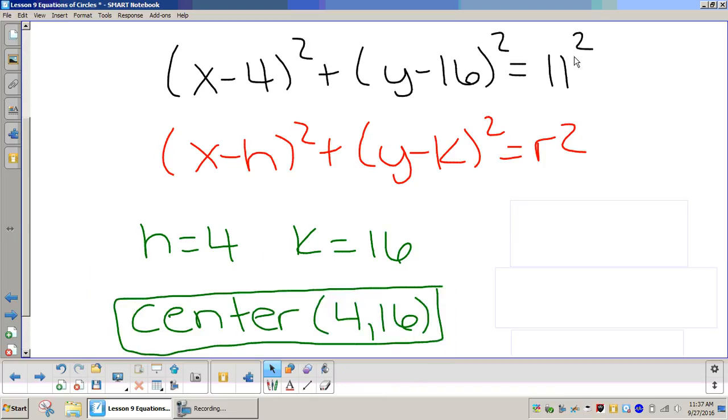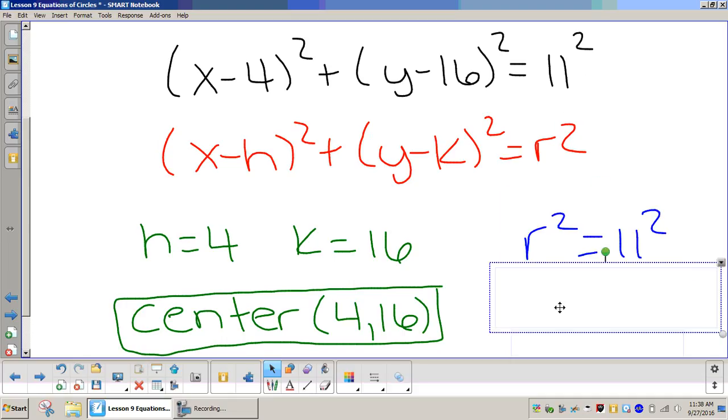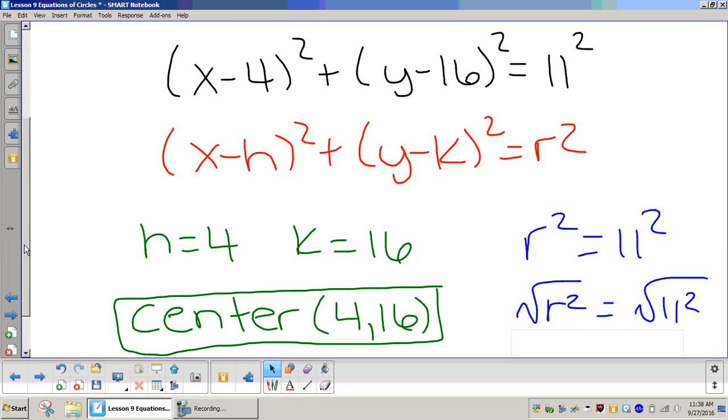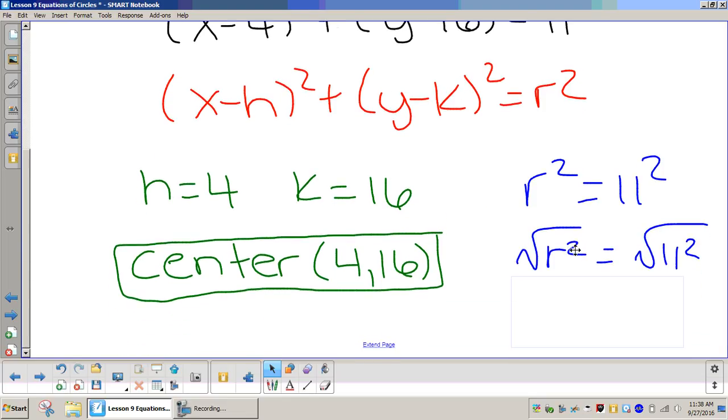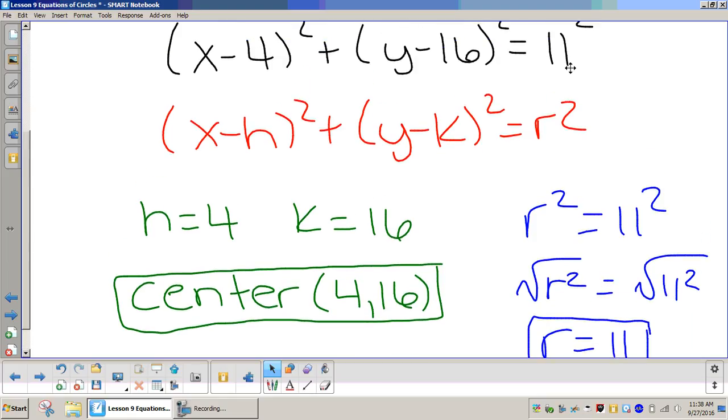Here, r^2 is equal to 11^2, so I can set up an equation again to find r, or I can see that after I square root both sides, the squareds go away, and I'm left with r equal to 11. So I could have just seen that r^2 and 11^2, they both had squared, so r is 11.